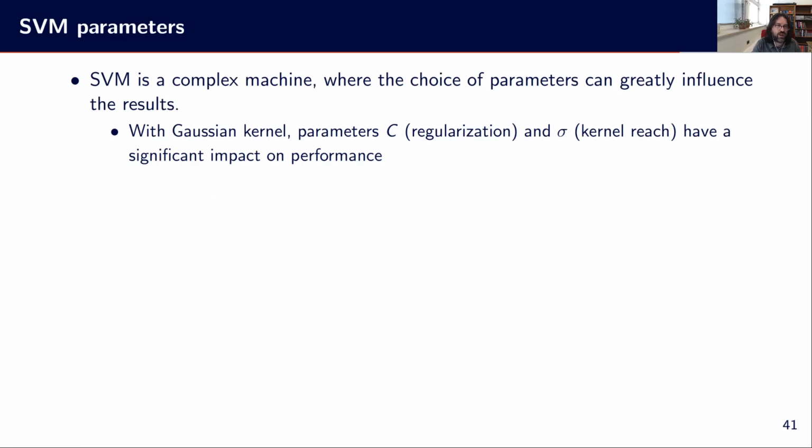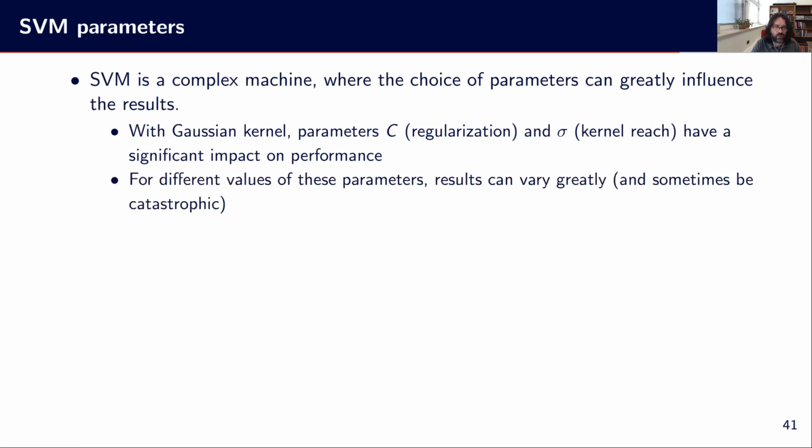So these two parameters are really linked together. Sometimes, for some values of these parameters, we can get catastrophic results. With bad values of sigma or bad values of C, the SVM will be really poor in terms of performance. As such, there are no rules for saying this is the right sigma for all problems. We need to adjust C and sigma problem by problem, and this adjustment is mostly empirical.